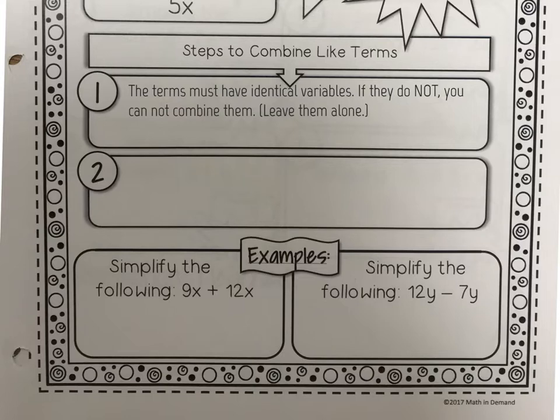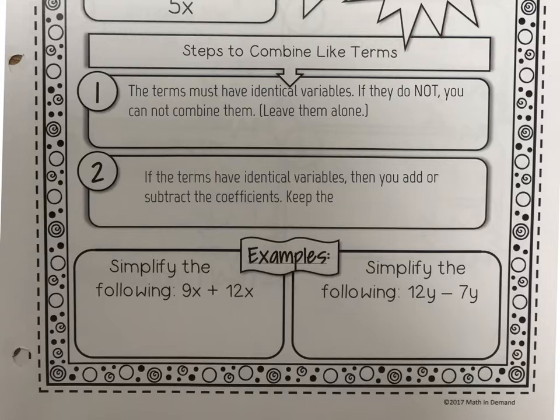If they can be combined, because they do have identical variables, then you add or subtract the coefficients. Keep the variables the same.